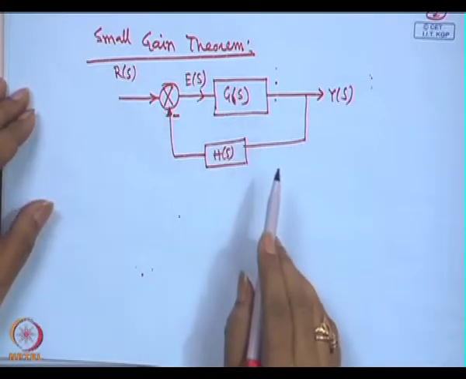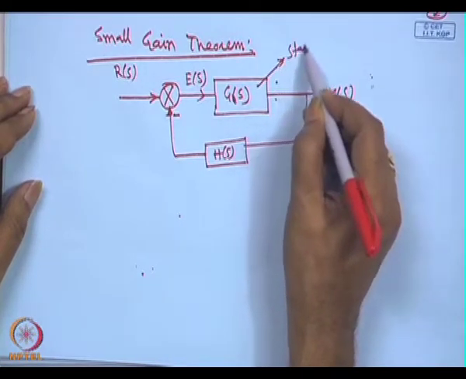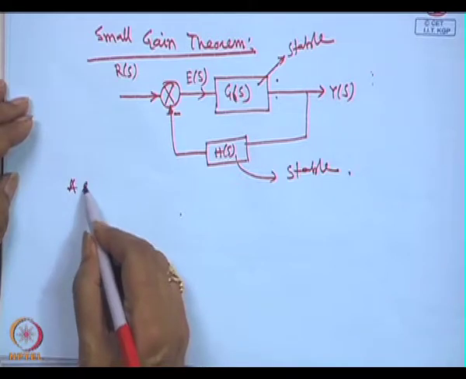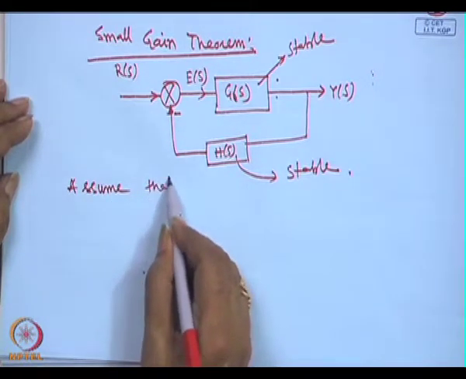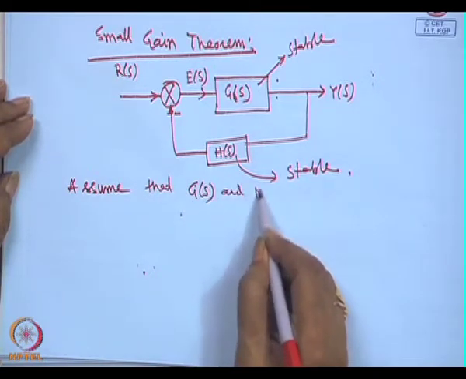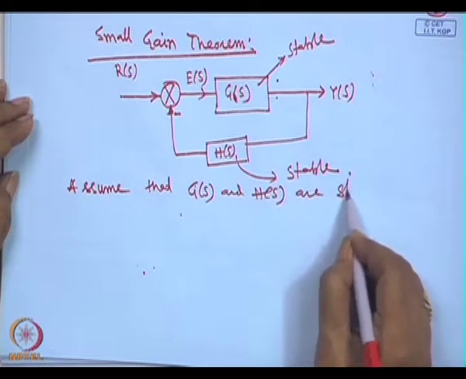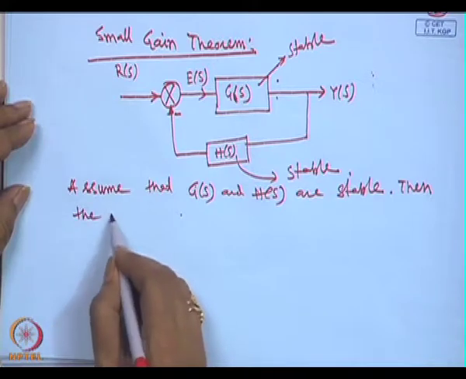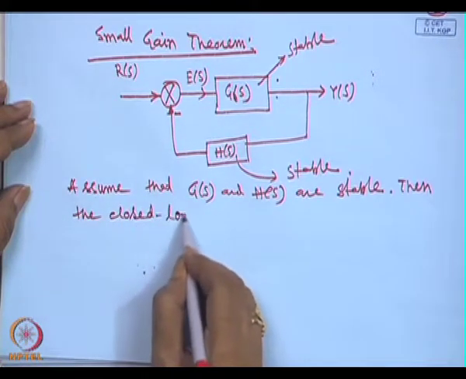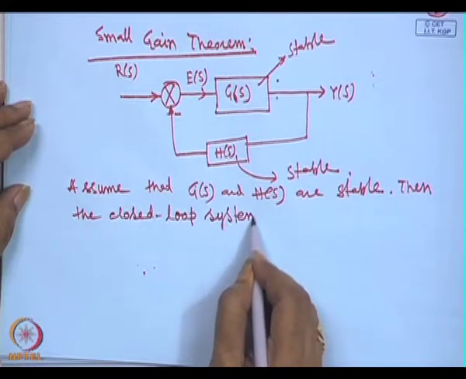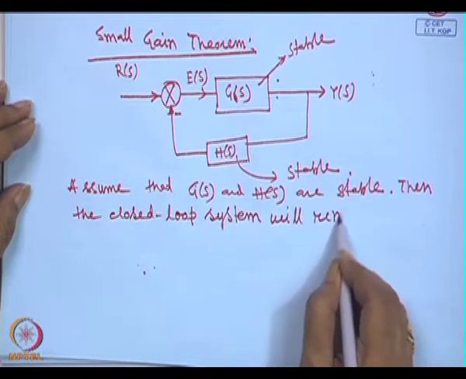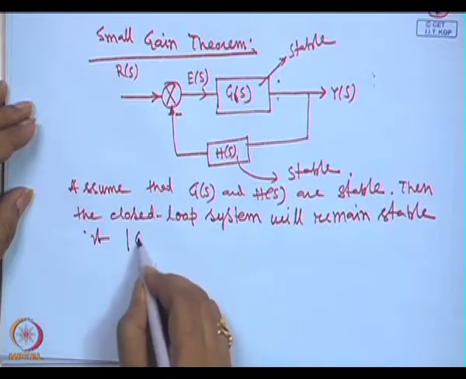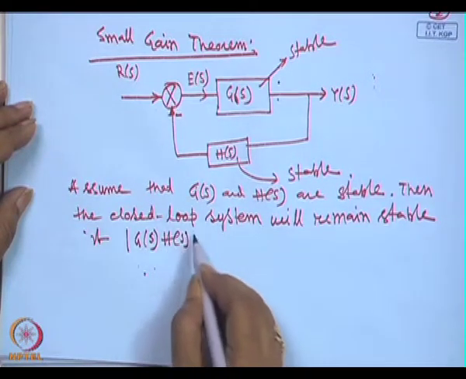The small gain theorem tells us: assume that G(s) and H(s) both are stable, then the closed loop system will remain stable if the magnitude of G(s)H(s) is less than 1.